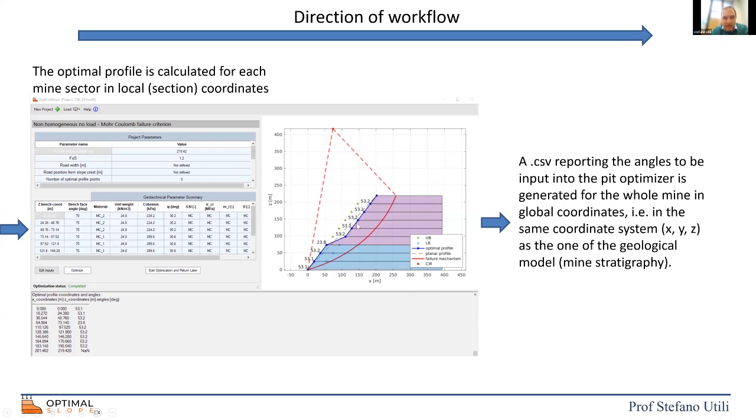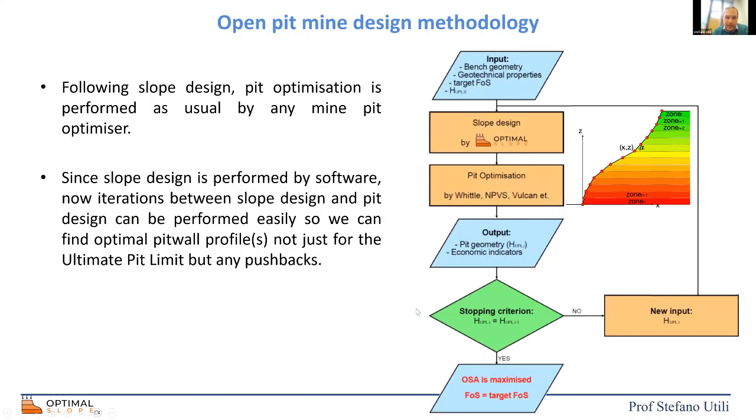Once this has been found, what you want to do is simply to give this shape as an input to the pit optimizer, to the strategic mine planning. So here is the full workflow. Fundamentally, we know that the overall inclination you can have is a function of the depth of the slope.